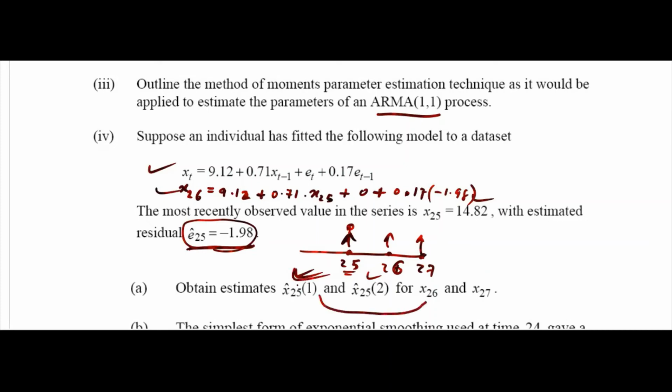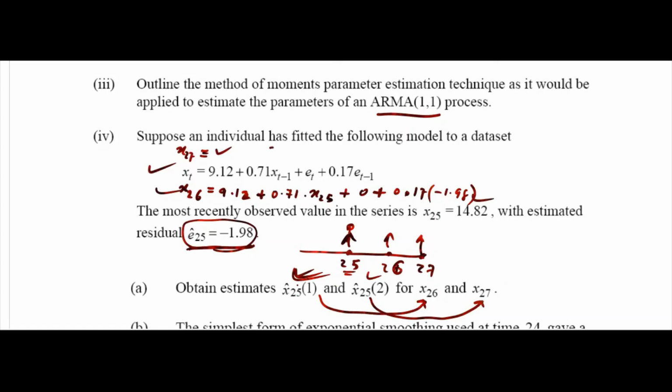This is the estimate for this one, and this is the estimate for this one. Now when you write x27, for x27 it is also a 2-step-ahead forecast. You know 27. If you write it, you will get 25 here. I wrote 25 and 26 here; you have to write 26 here.